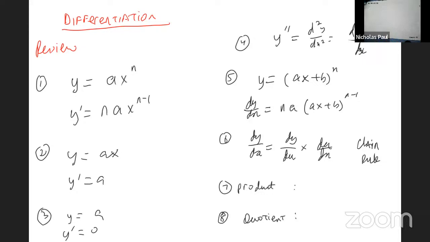Product rule is u dv/dx plus v du/dx. Quotient rule is v du/dx minus u dv/dx, all over v squared.